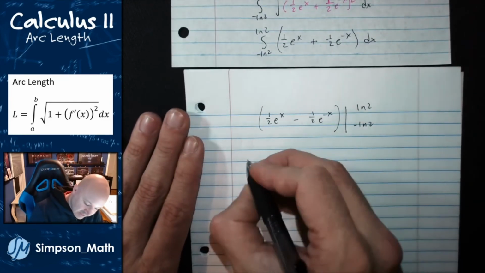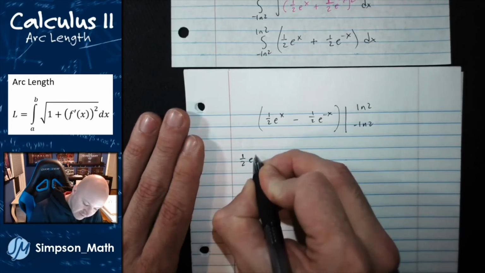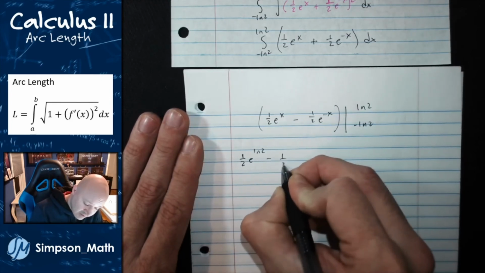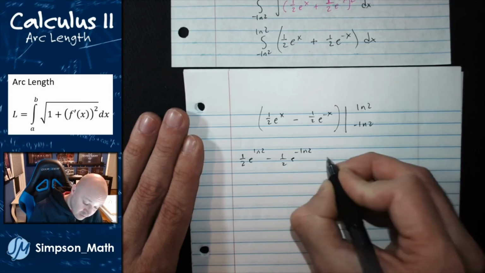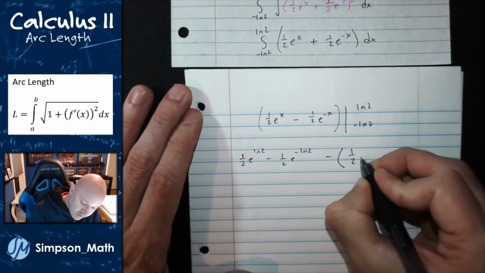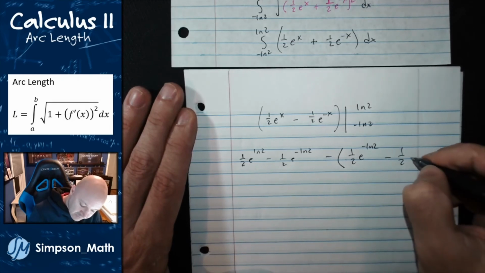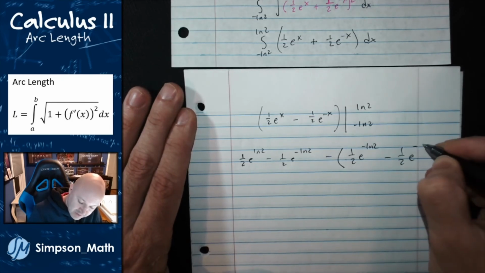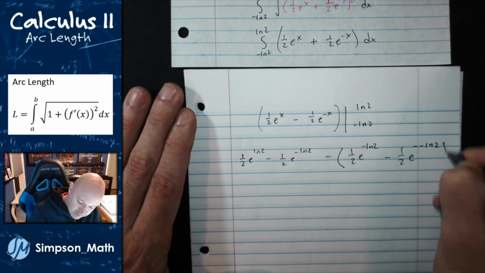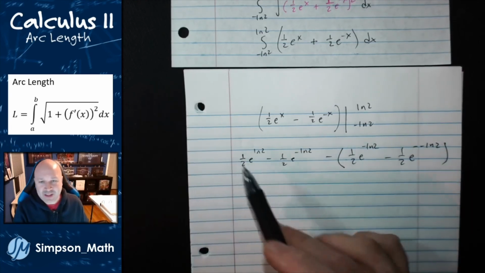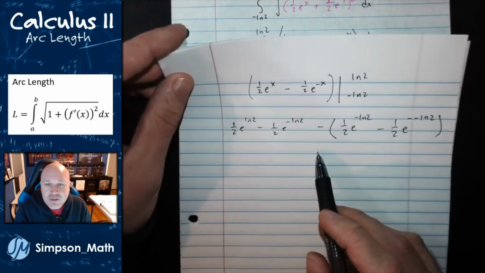Ln's go nicely with these e's. So I have 1/2 e to the ln2 minus 1/2 e to the negative ln2 minus 1/2 e to the negative ln2 minus 1/2 e to the negative ln2. Probably would have been smart to take out a 1/2, but I forgot to, so I can deal with it.